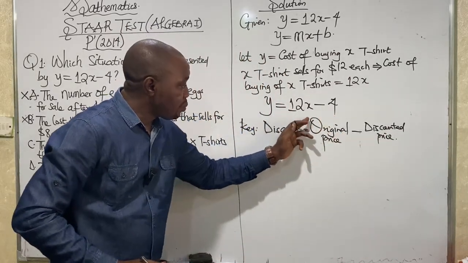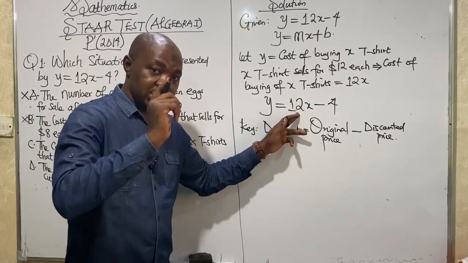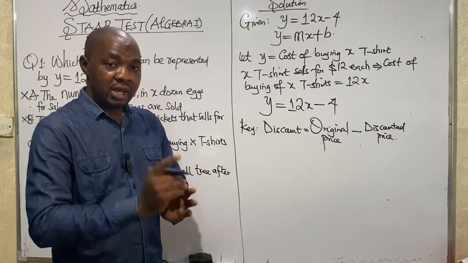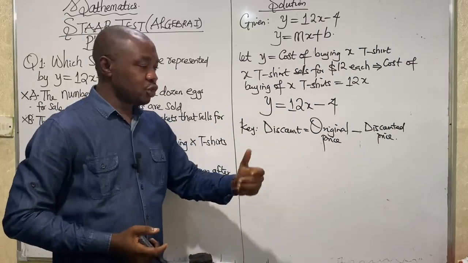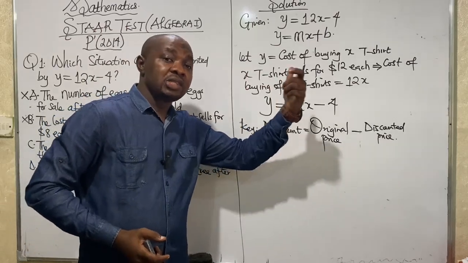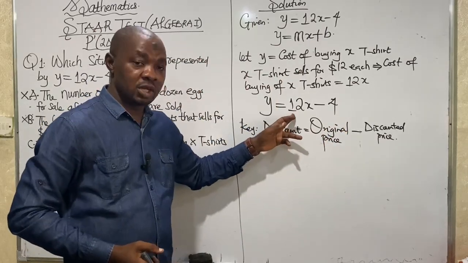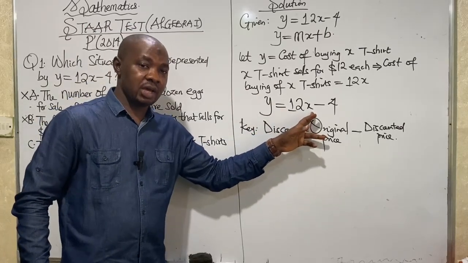Why the original price? Because we have $12 per shirt. That means the cost of buying one shirt is $12, but there are x shirts. So the cost of buying x t-shirts will be $12, the cost of one shirt, multiplied by x.